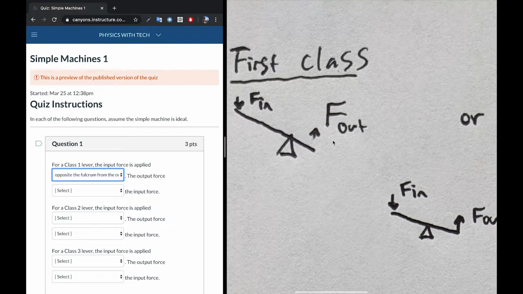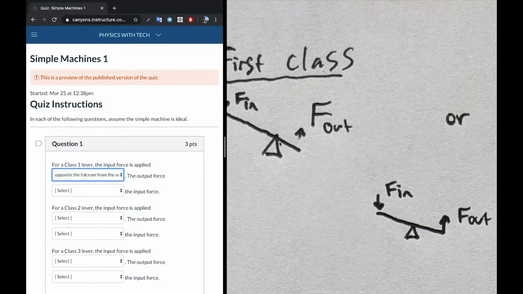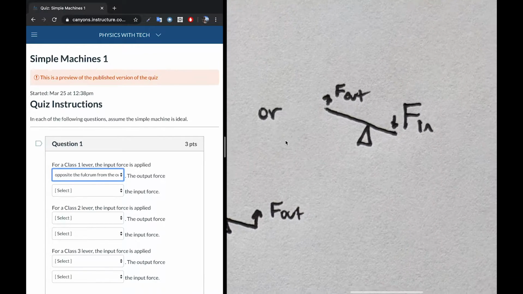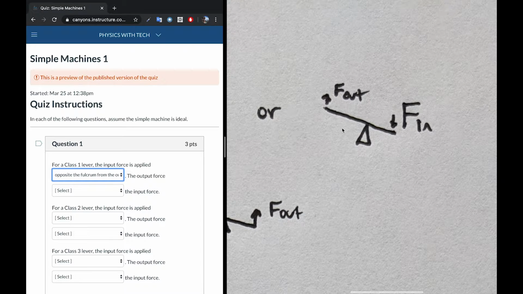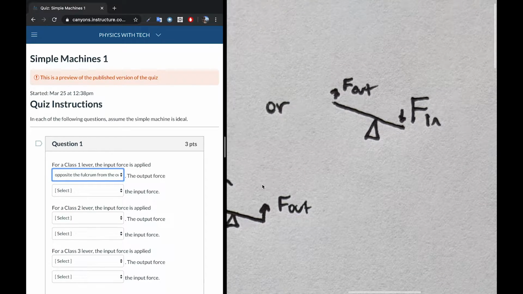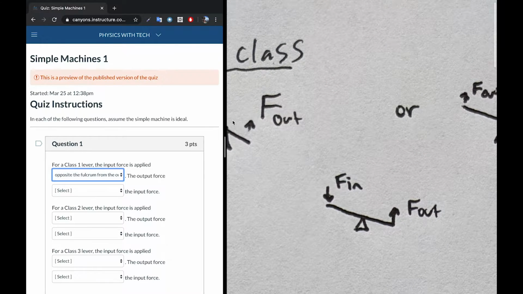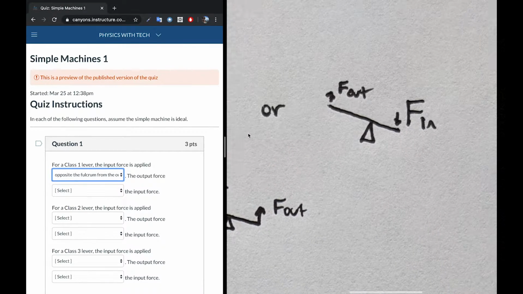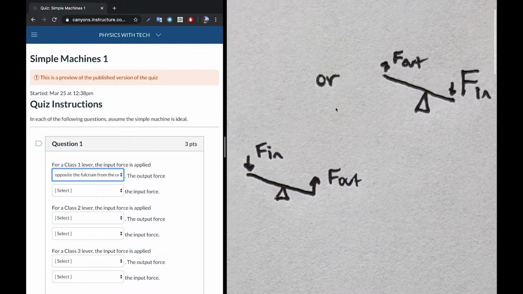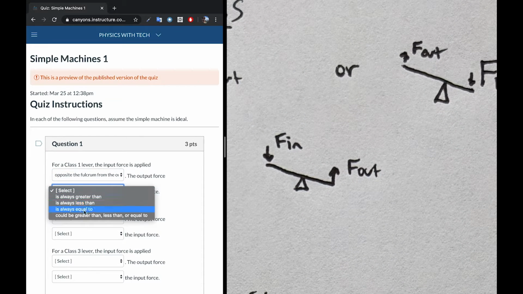Here, the output force is greater than the input force because this arm is so much bigger than this one. And so it has a mechanical advantage greater than 1. This is the opposite, has a mechanical advantage between 0 and 1, and this has a mechanical advantage of 1. So it could either be a greater output force like this, a smaller output force like this, or an equal one. So that's our answer: greater than, less than, or equal to.